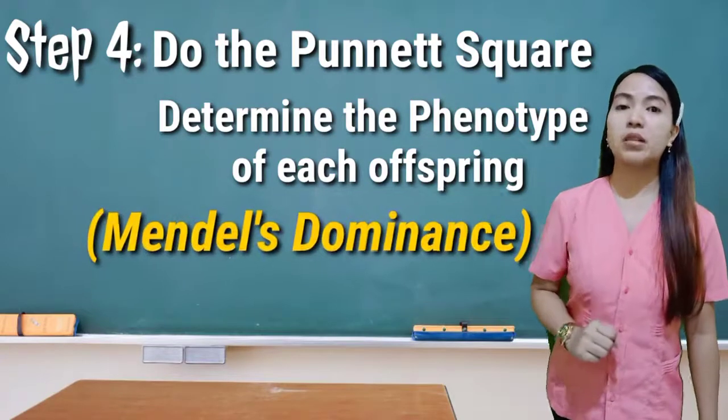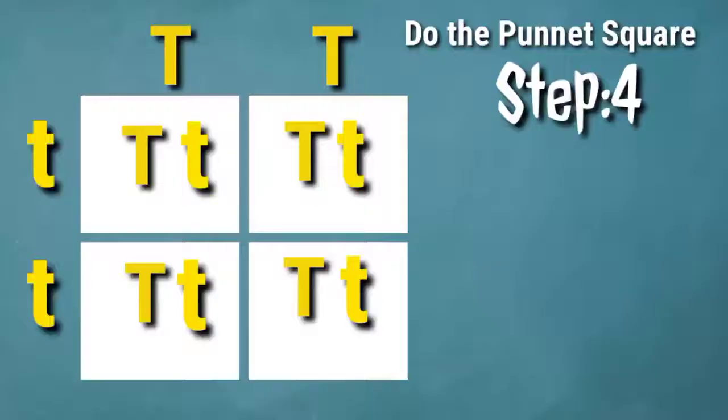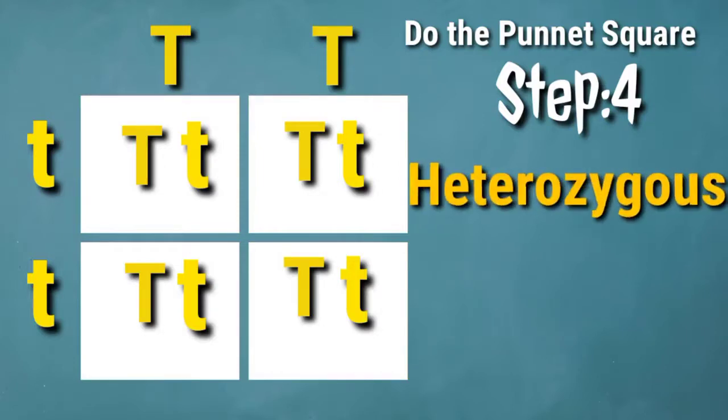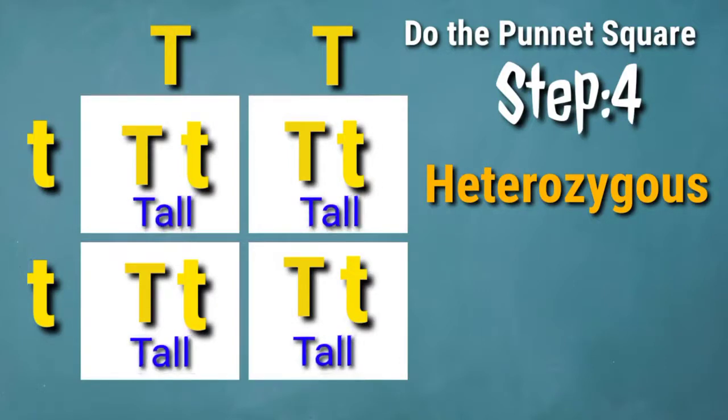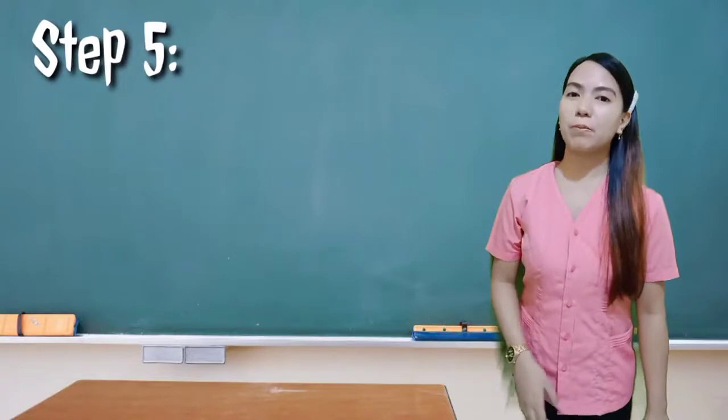Remember to obey the principle of dominance. Just like in our example, tall is dominant, dwarf is recessive. When they combine, there will be tall and there will be dwarf, but this will be heterozygous, meaning the phenotype of the offspring will be tall.